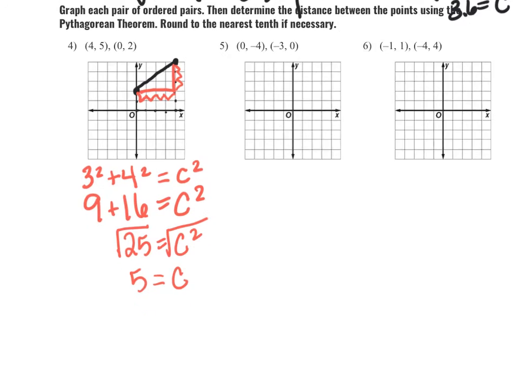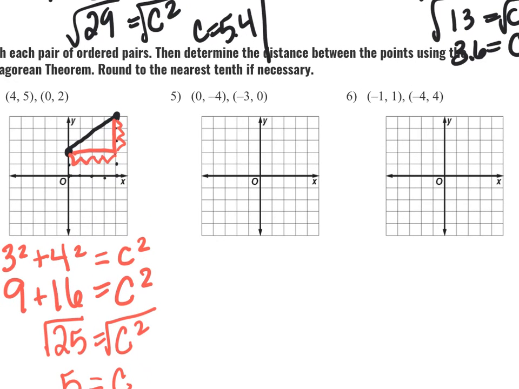Number 5, so you're going to graph your 2 points first. So (0, -4), 1, 2, 3, 4, and (-3, 0), 1, 2, 3, and then connect those points and then make your right triangle. So we have 1, 2, 3, and 1, 2, 3, 4.